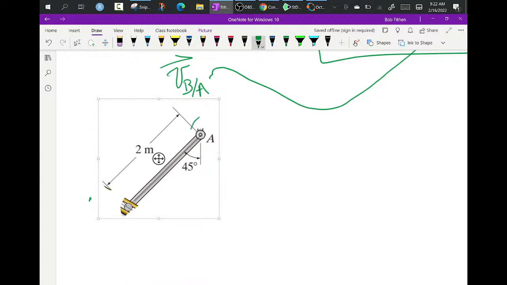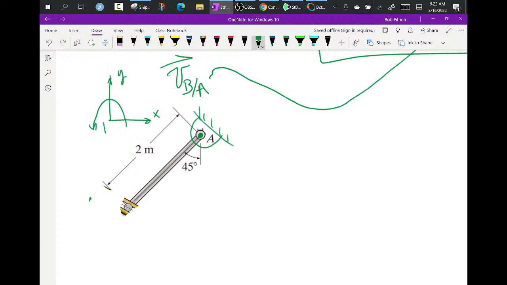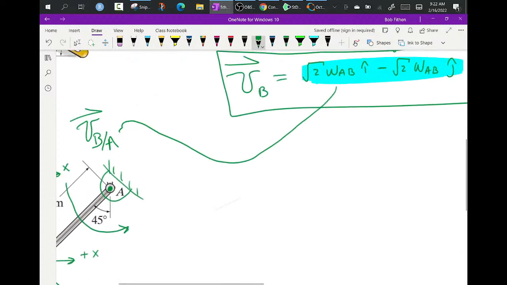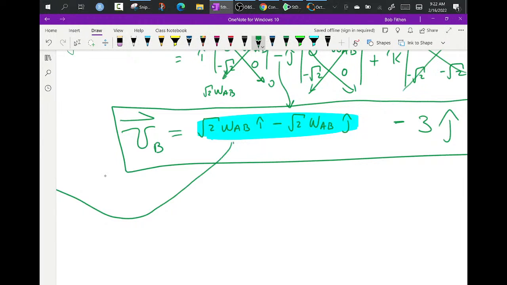If, in fact, you were situated such that this was the case, and recognizing this is positive, so I have assumed this to be positive, so I would get a velocity in which it would be positive amount in the x and a negative amount in the y direction. This is, in fact, what I get right here.